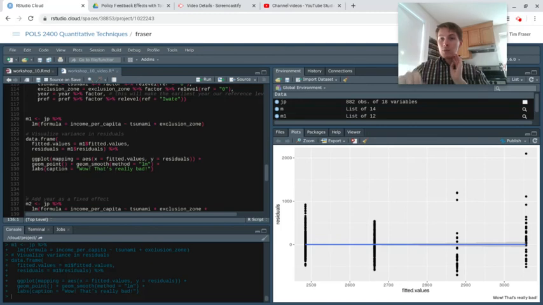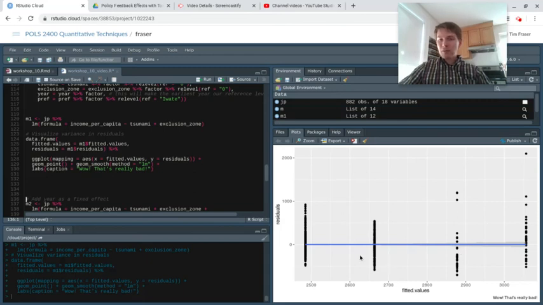Remember the other day when I was talking about model assumptions, how one of them was independence of observations? If these observations were independent, we would expect this dotted line to be just like the same throughout. Right now it's broken up because we've got categories, right? But we would expect that this would be a continuous dotted line about the same height as this one. But that is not happening, right?